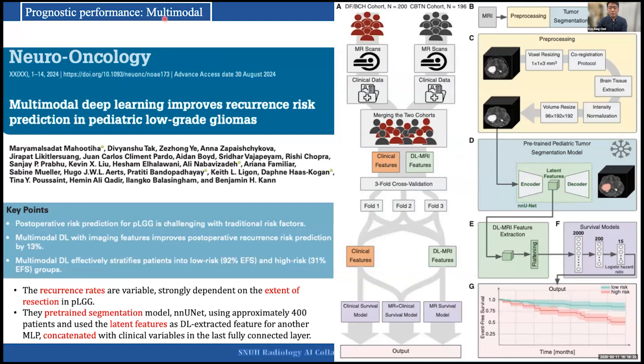In multimodal prognostication, they developed a multimodal deep learning model to predict recurrence risk in pediatric low-grade glioma. The recurrence rates are variable, strongly dependent on the extent of resection. They pre-trained a segmentation model, nnU-Net, using only 400 patients and used the latent features as deep learning extracted features for another MLP concatenated with clinical variables in the last fully connected layer.